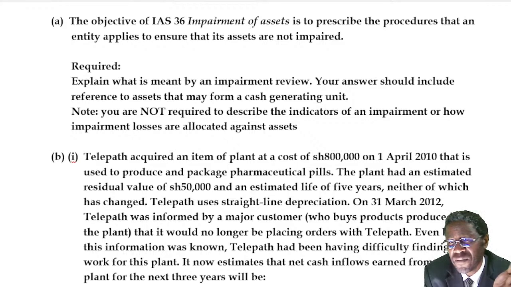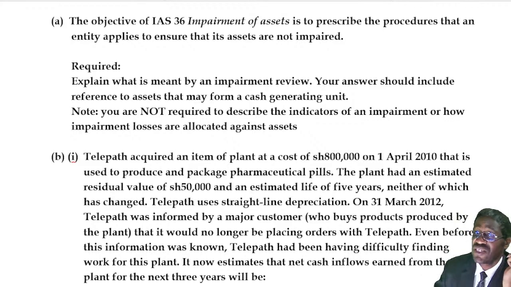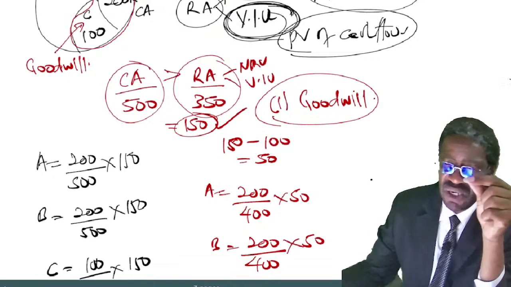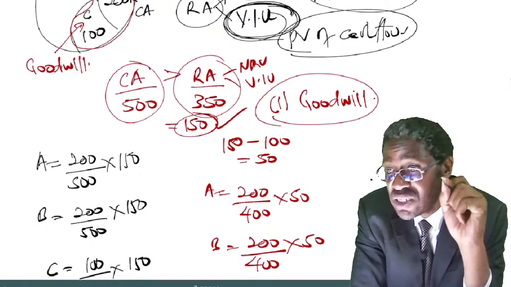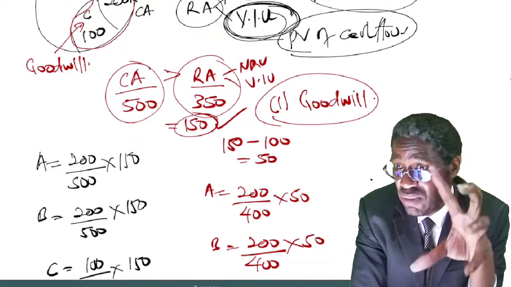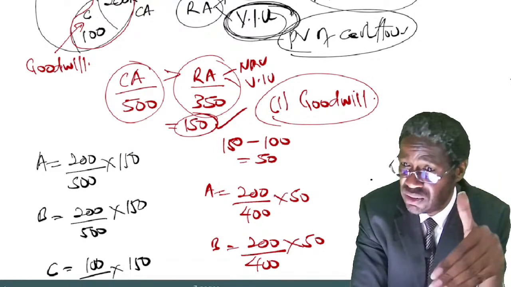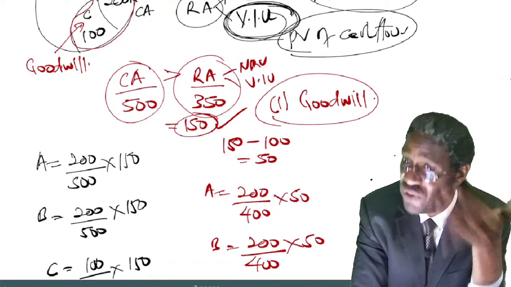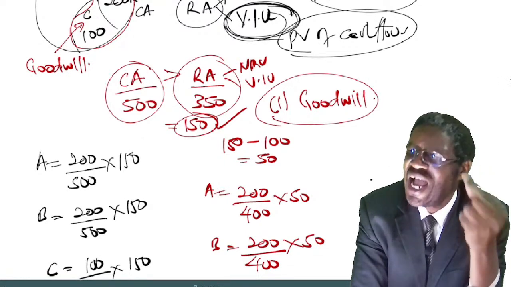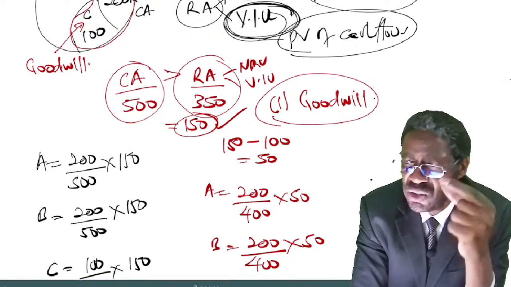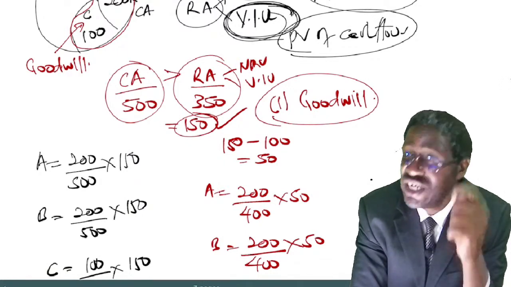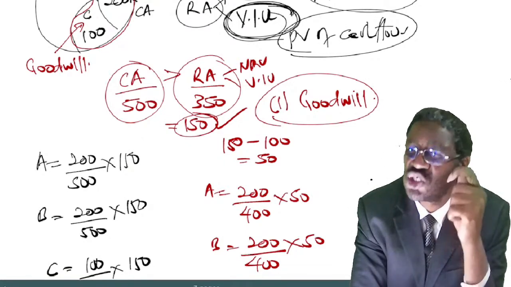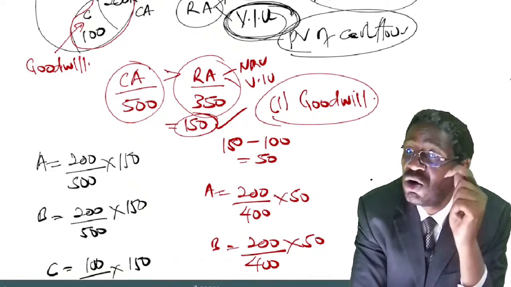Of course, they have not asked you to explain how to allocate, but I've already told you that in case a cash generating unit suffers an impairment loss, that impairment loss should be allocated to the assets in the unit on the basis of their carrying amount against A, B, and C. And if the examiner was asking you, you could also go further and say, if a cash generating unit to which goodwill belongs suffers an impairment loss, then that impairment loss should be written off in a particular order.